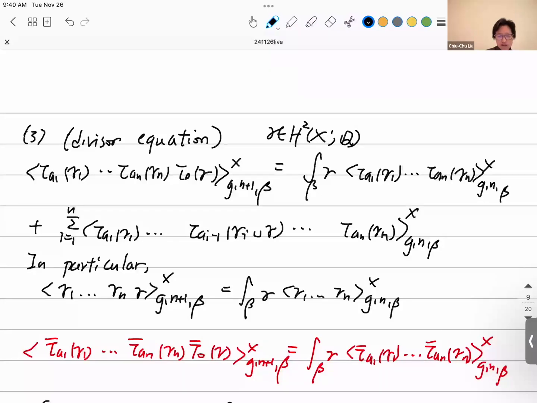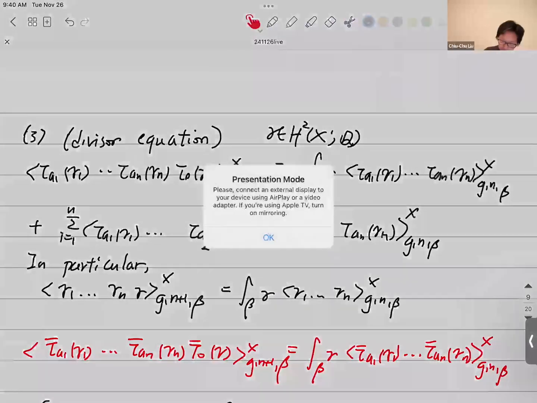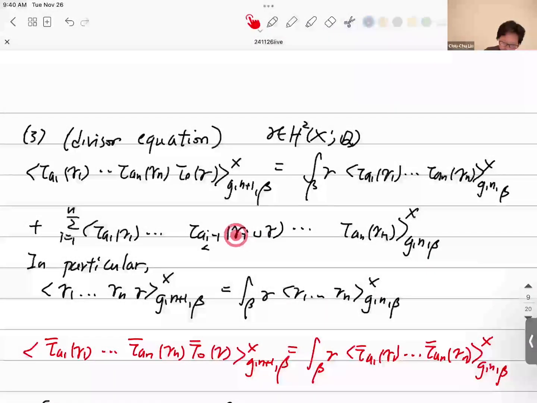But then we also have the second line. This line comes from the fact that if you consider the psi class on M bar g,n,beta, the pullback is not exactly the psi class on M bar g,n plus 1,beta.